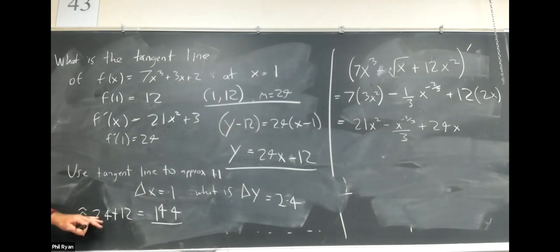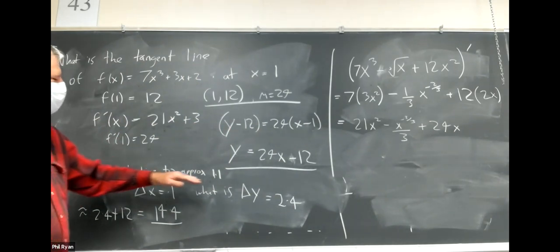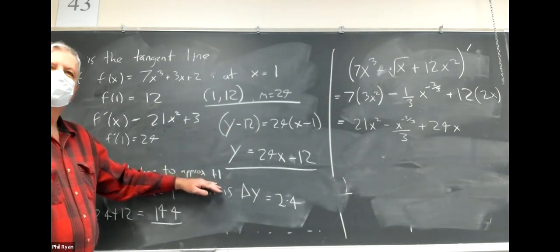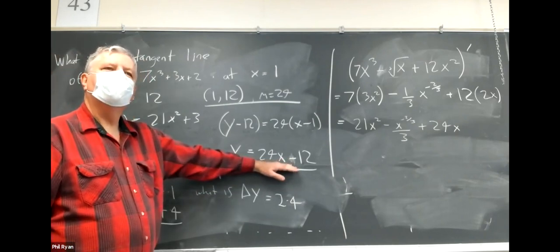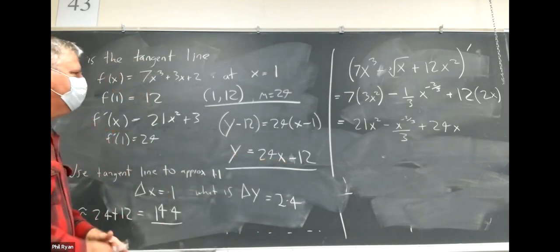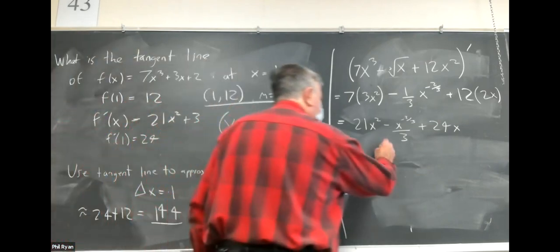Do people see what I did here? It's a little bit tricky. Using a tangent line to approximate 1.1 is basically asking, what is this function at 1.1? The answer was 14.4, and the picture looks like this.